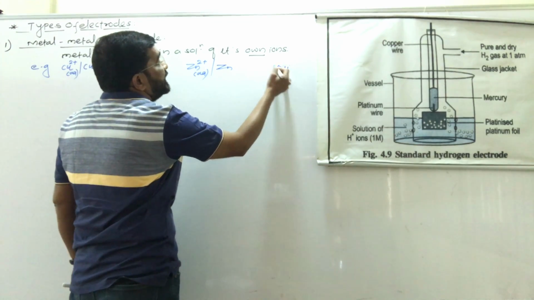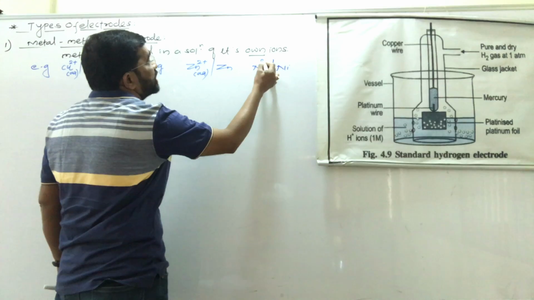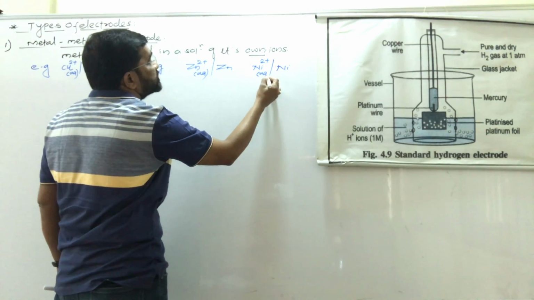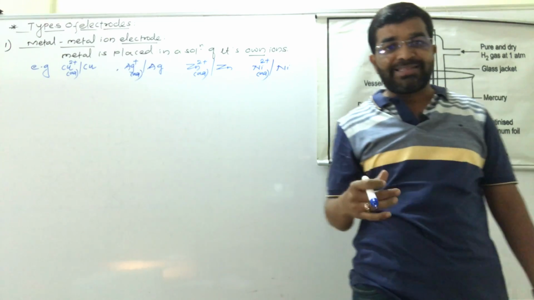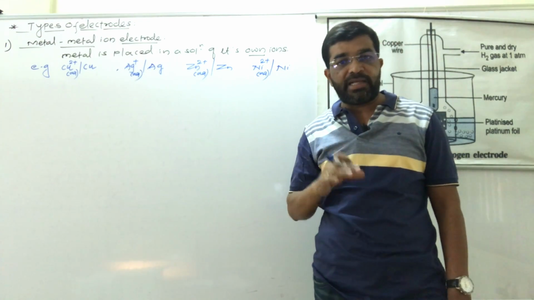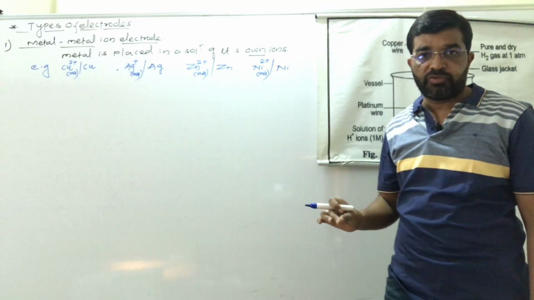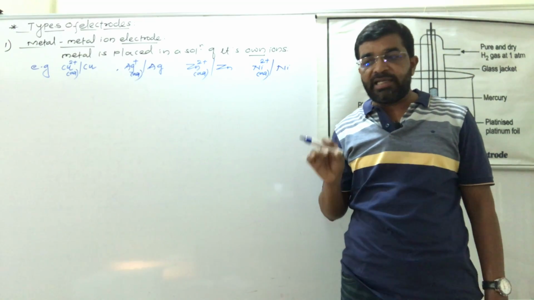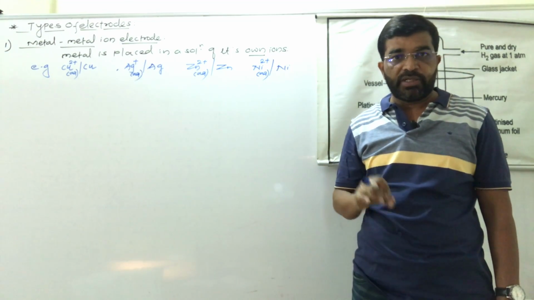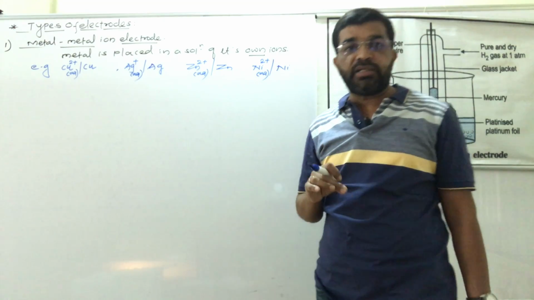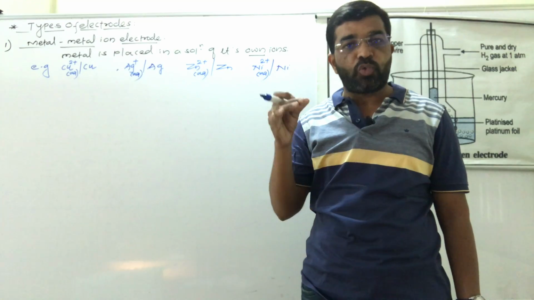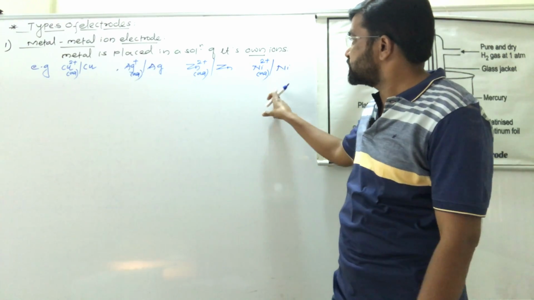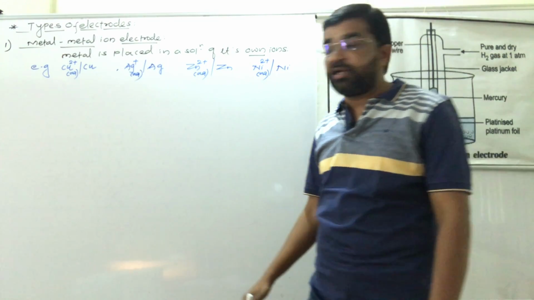Or nickel is placed in a solution containing nickel plus 2 ions in aqueous medium. All these are examples of metal ion electrodes. So a metal ion electrode means an electrode in which a metal is in contact with a solution containing its own ions.